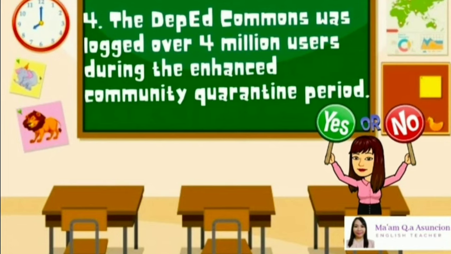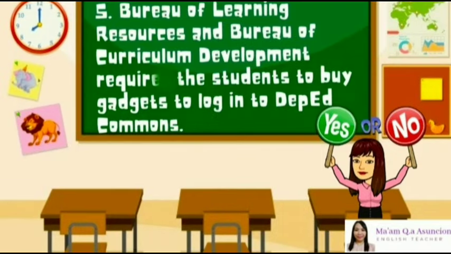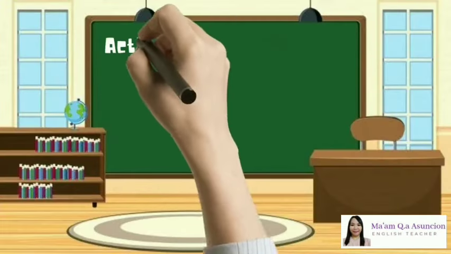The answer is fact. Number 5. Bureau of Learning Resources and Bureau of Curriculum Development require the students to buy gadgets to log in to DepEd Commons. The answer is not. Now let's have activity 2.